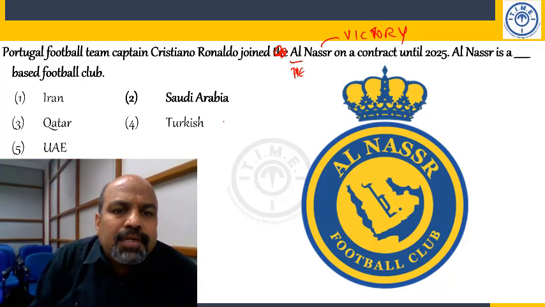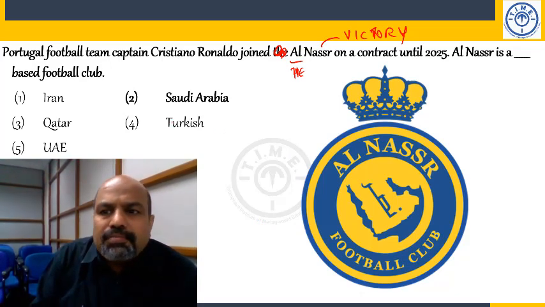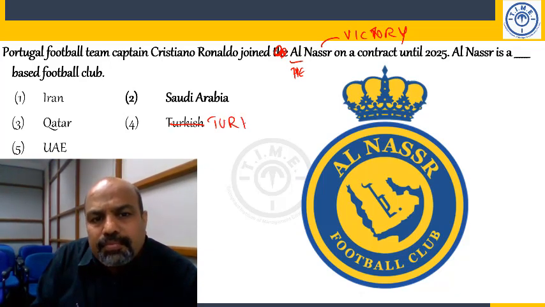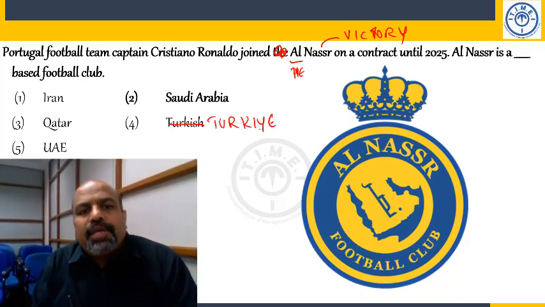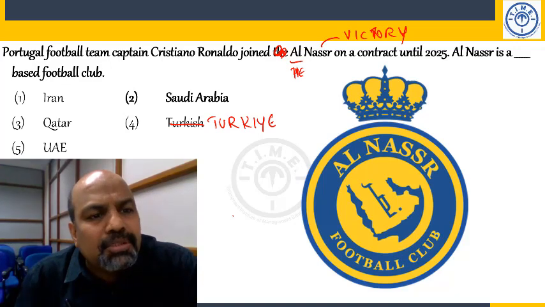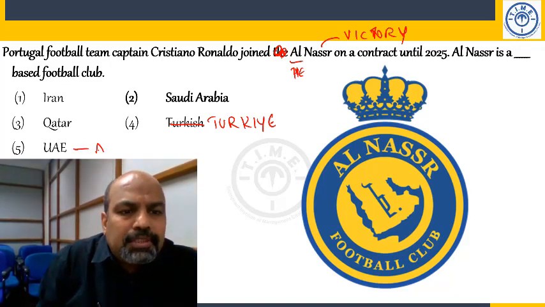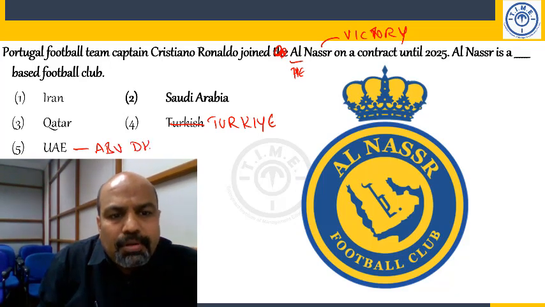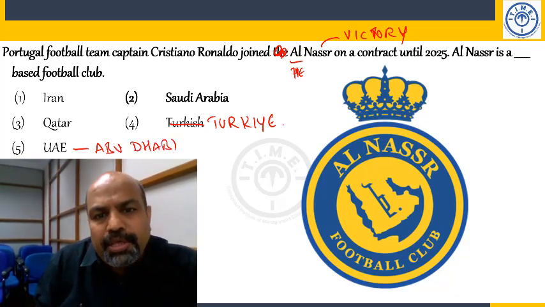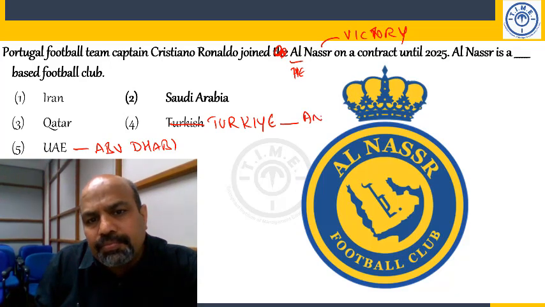Saudi Arabia, Iran, Qatar, Turkey. Capitals: Abu Dhabi. Just for fun, we could write a little more. Turkey, Ankara.